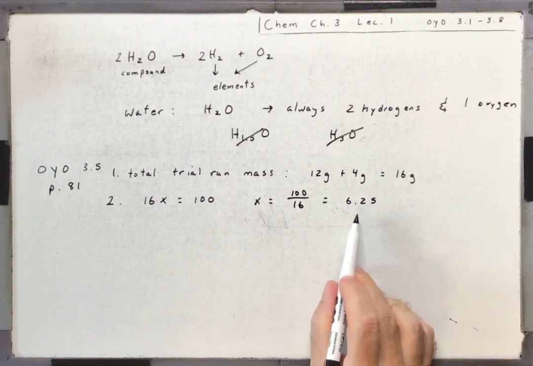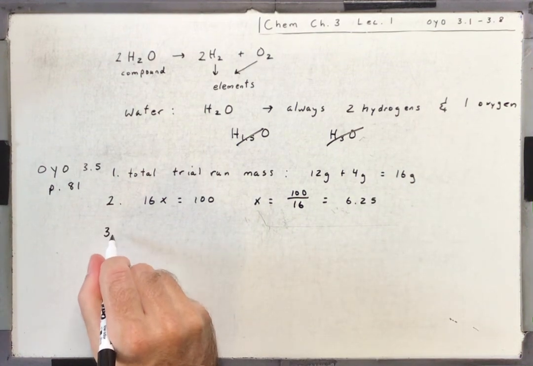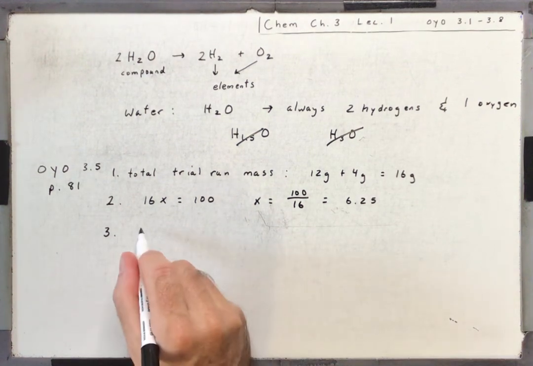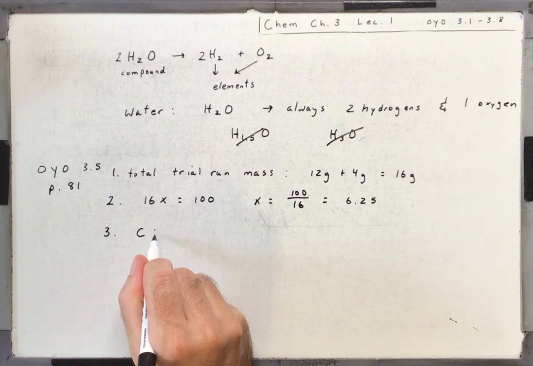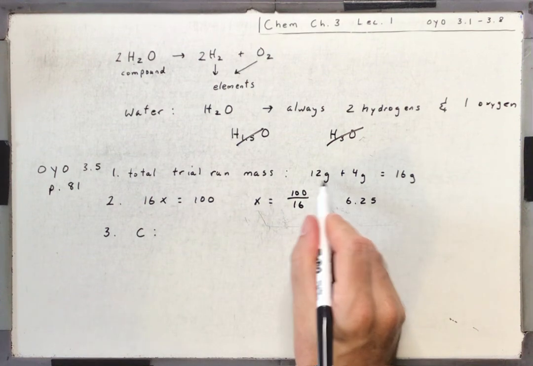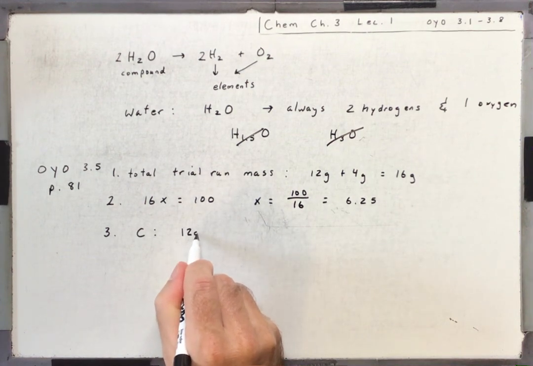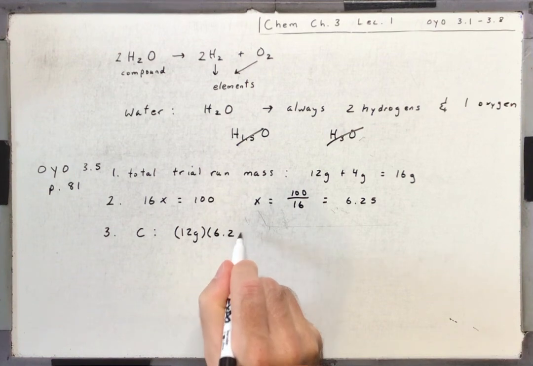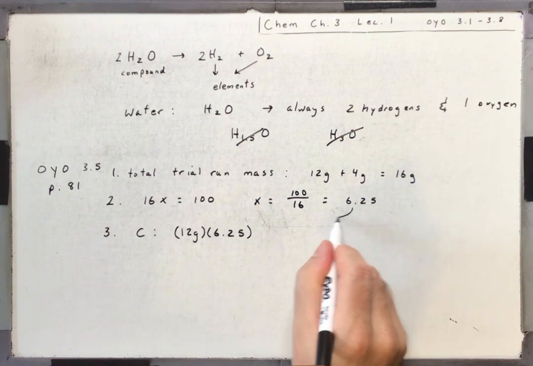So now we've done step two. We've got our multiplier. Step three is where we determine how much carbon and how much hydrogen. So for carbon, let's just write a C. That's the element symbol for carbon. We're going to take what we used in the trial run, which is 12 grams. We multiply that by 6.25, our multiplier.